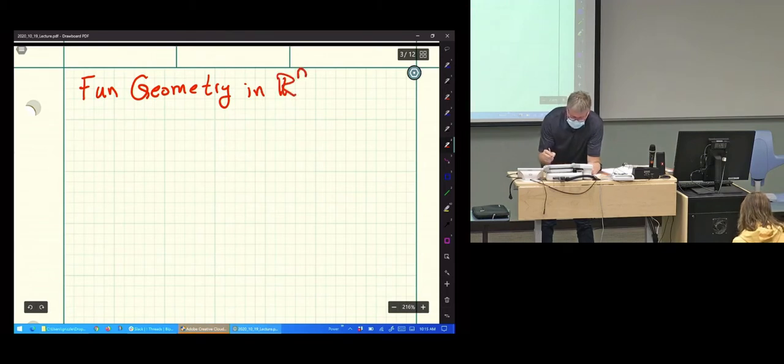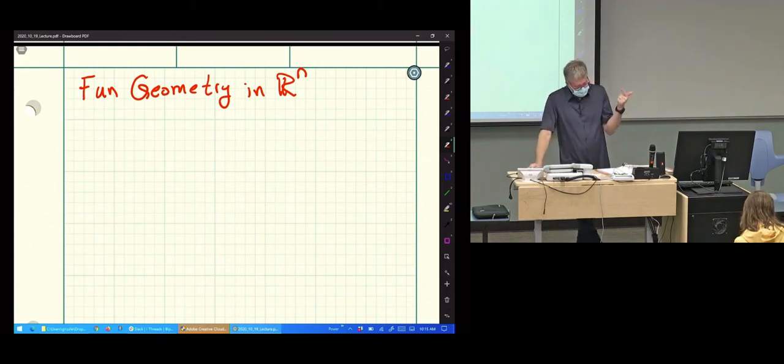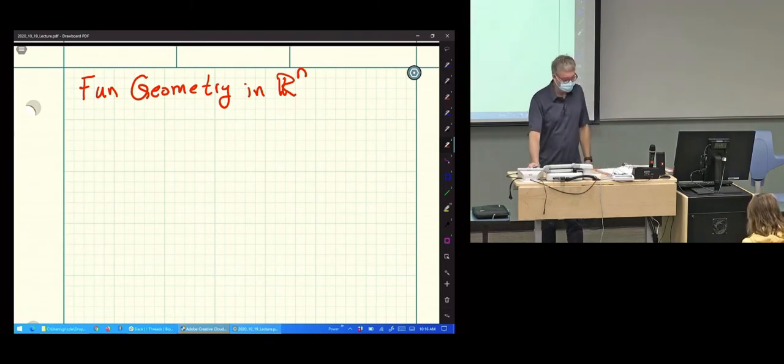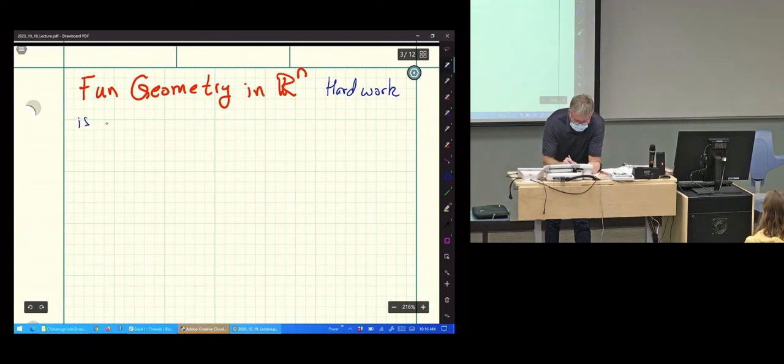By you guys fighting through linear combinations, linear independence, bases, span, the rest of this is just using it, and we're going to get some amazing things to come out. Okay, so this is fun geometry in Rn. Our hard work is done. Let's reap our rewards.